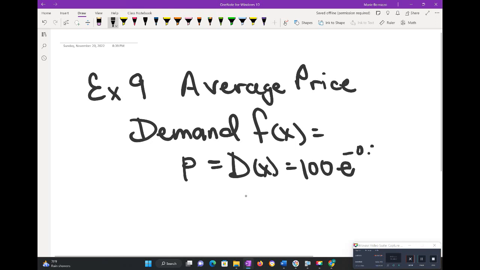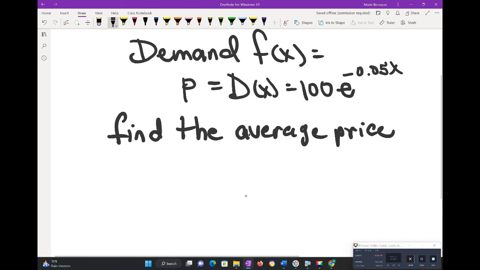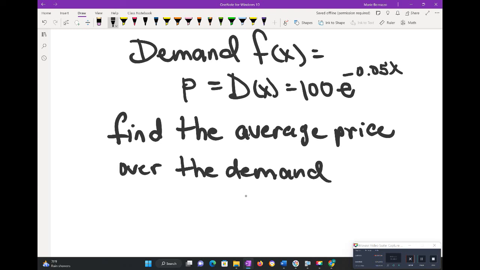Let me make sure that's a 0.5 for sure. It is. All right, and they want to find the average price over the demand interval, and they're giving you the demand interval from 40 to 60.